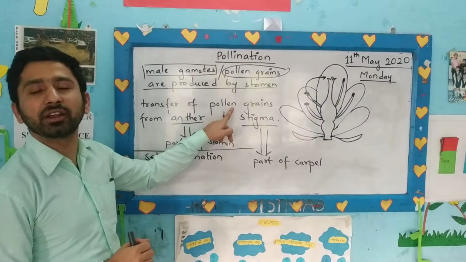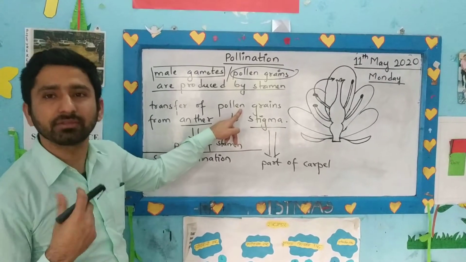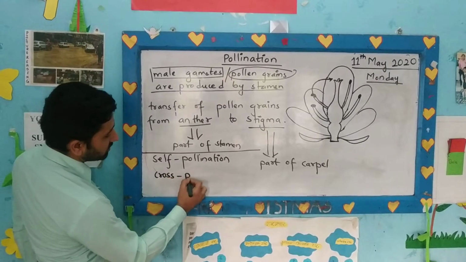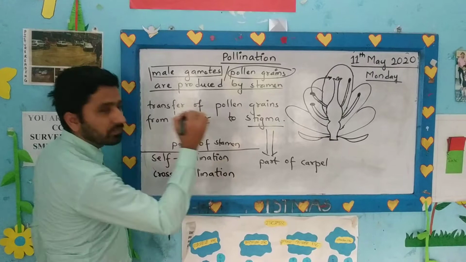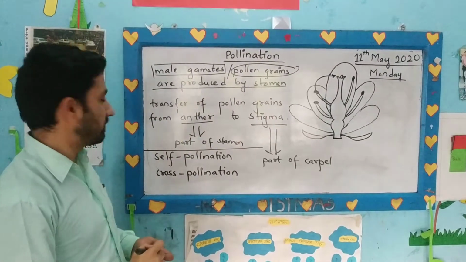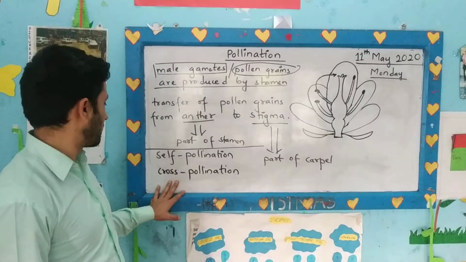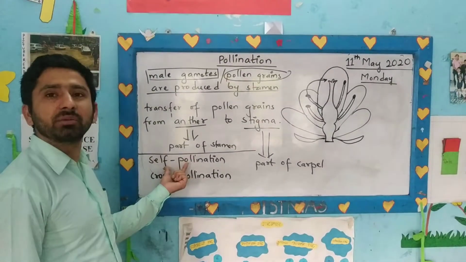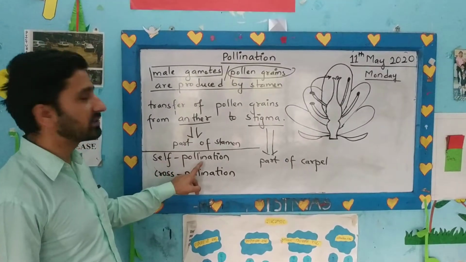If these pollen grains transfer from one flower to another flower, then that is termed as cross-pollination. The transfer of pollen grains from one flower to another flower is cross-pollination. The transfer of pollen grain between the same flower from male to female is self-pollination.